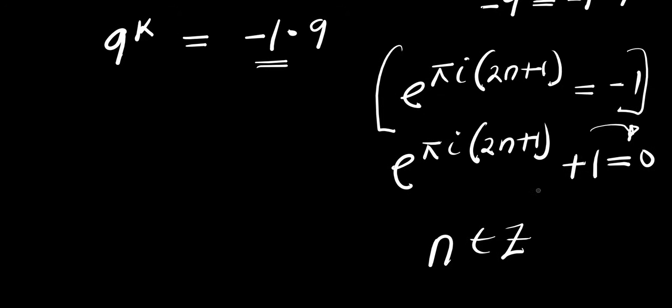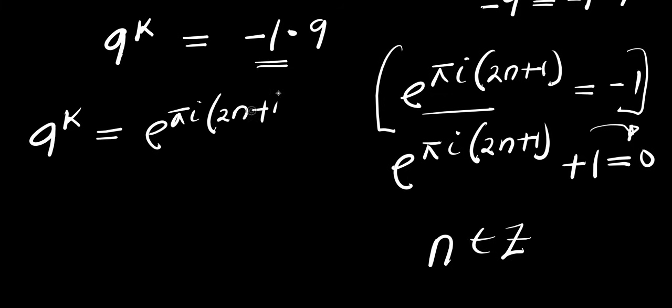So that being said, let's replace this negative 1. So what we are going to have will be 9 power k equals e power I times pi times 2n plus 1, times 9.